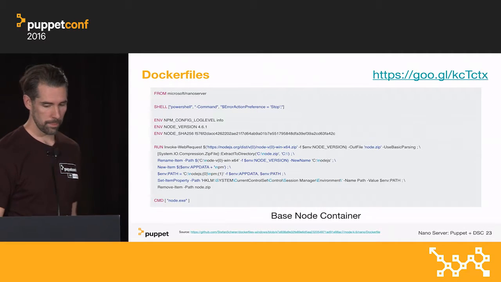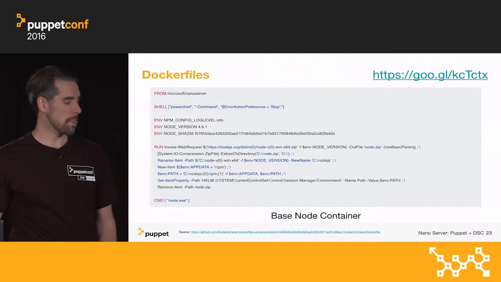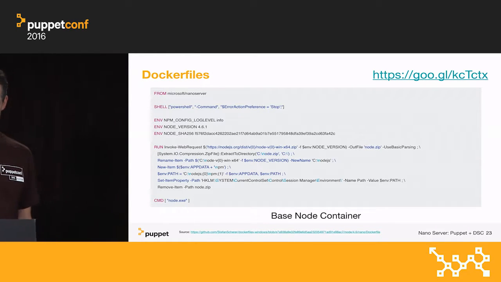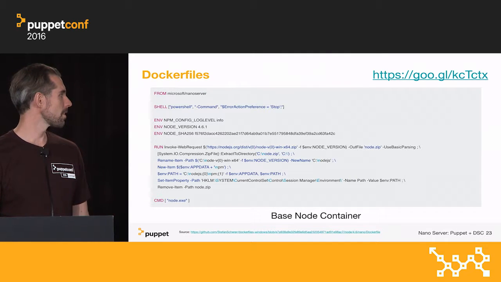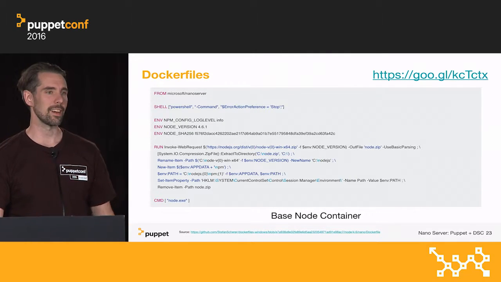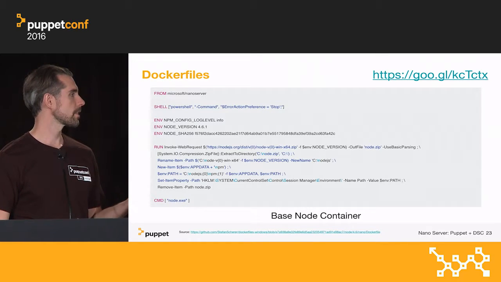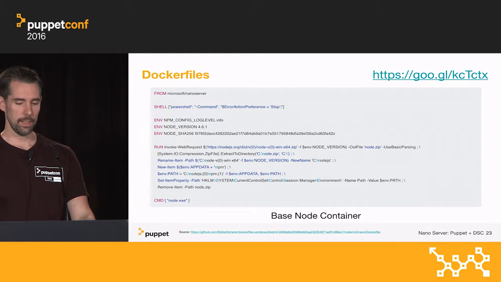So one example of a Dockerfile for Nano Server. This one sets up Node, and it's actually built in a pattern called onBuild. This first Dockerfile is the instructions for building just a basic Node image.